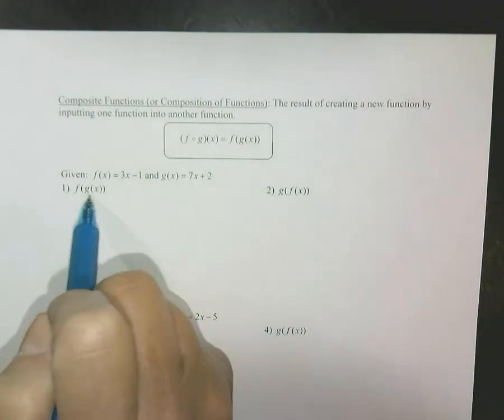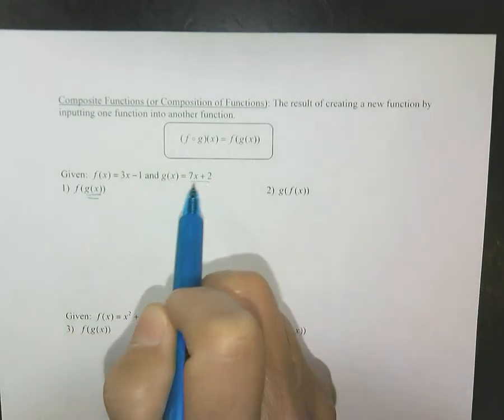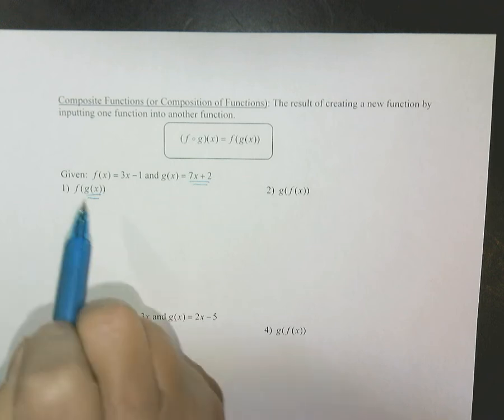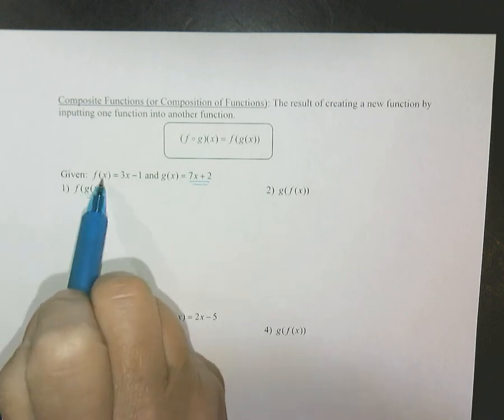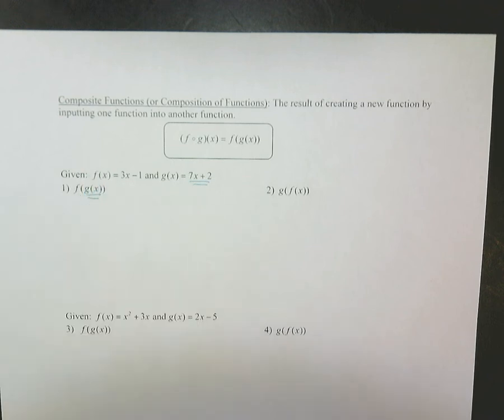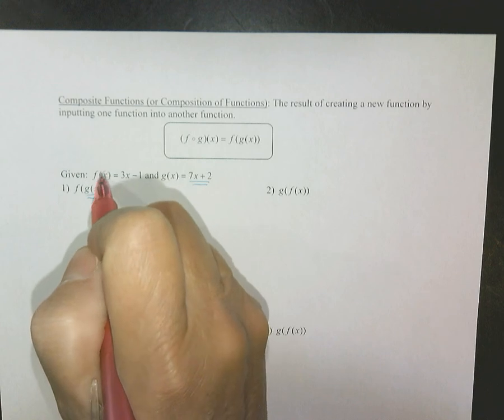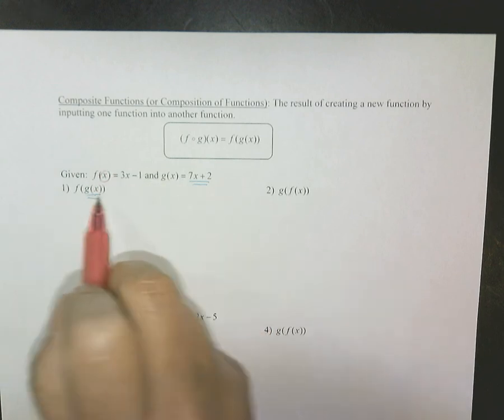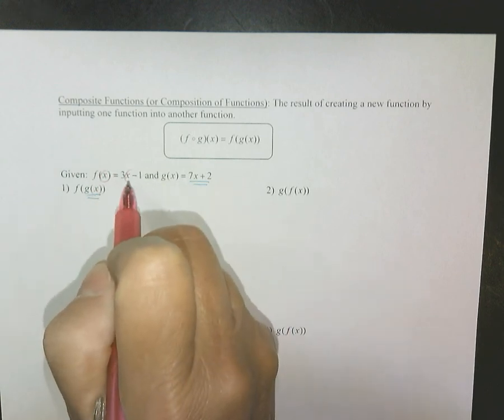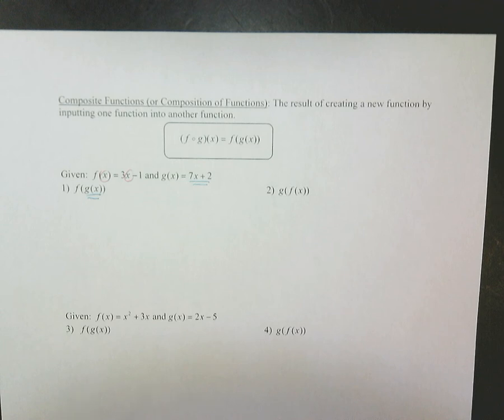So this g of x, which is 7x plus 2, is going to go in here for x. So where this x is here, I'm going to replace it with a 7x plus 2.